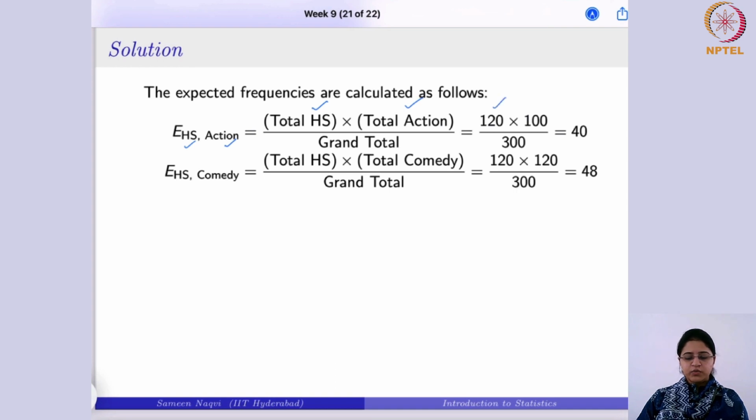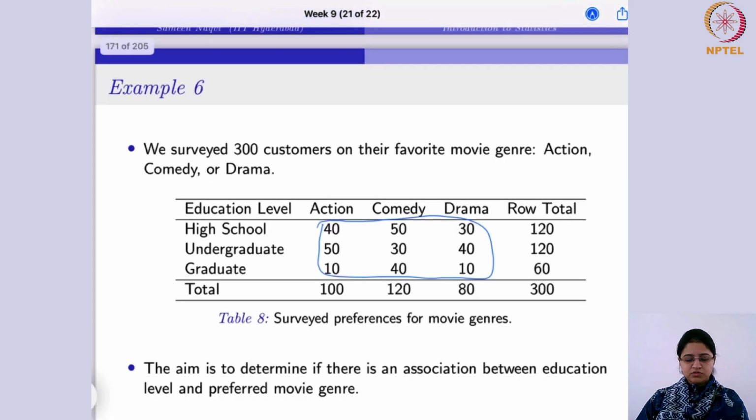So here it is 120 into 100 divided by 300. Basically we are looking at this particular observation over here. So it corresponds to high school and action. So what we have to see is this column total and this row total, 120 into 100 divided by 300.